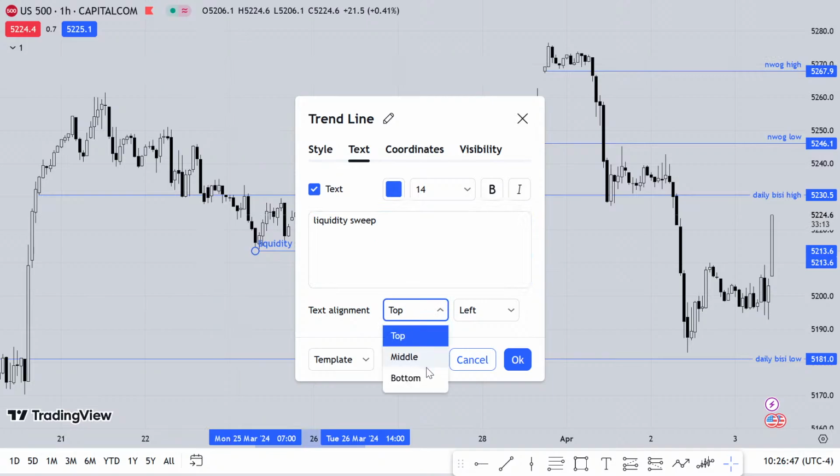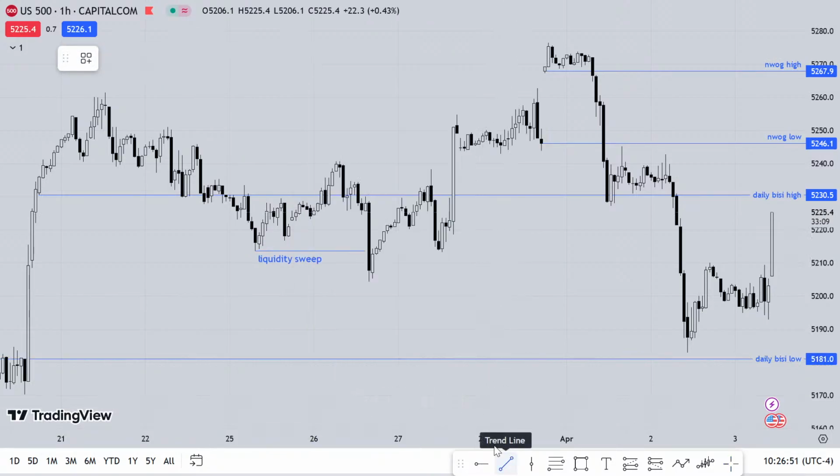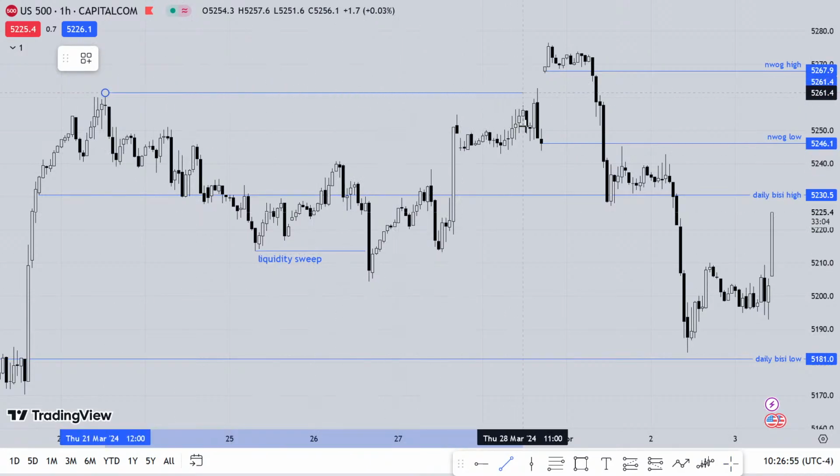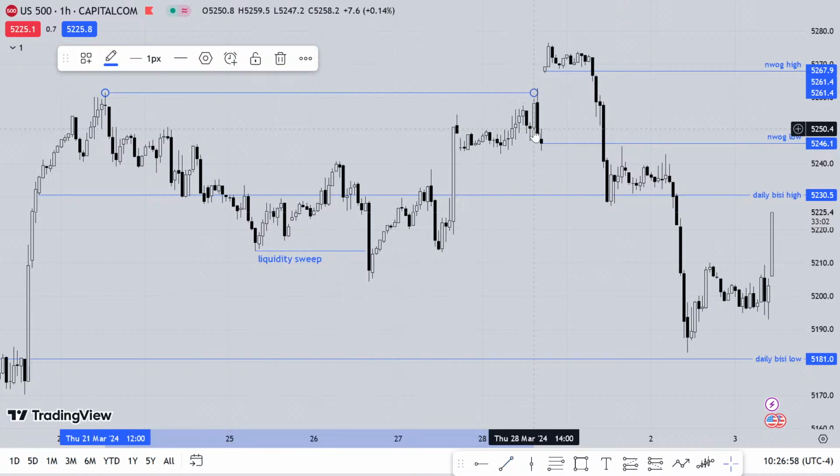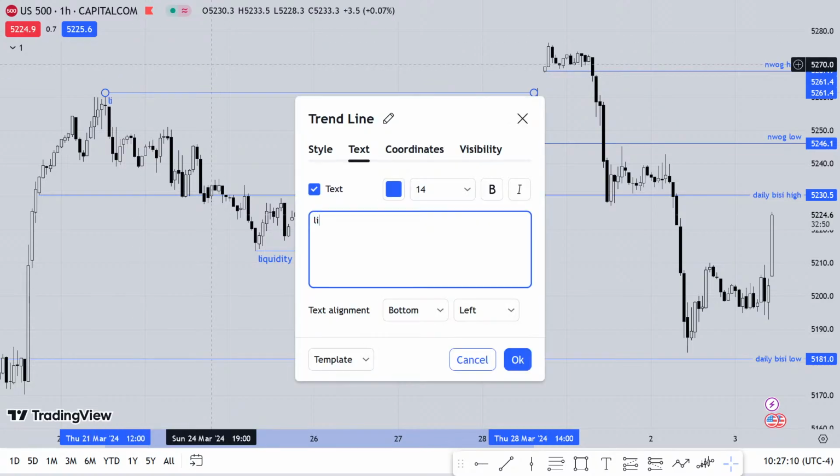So this is a liquidity sweep, and this right here is likely a liquidity purge, because currently I'm bearish for the indices market because of expecting higher prices in the dollar. So this is a liquidity purge.